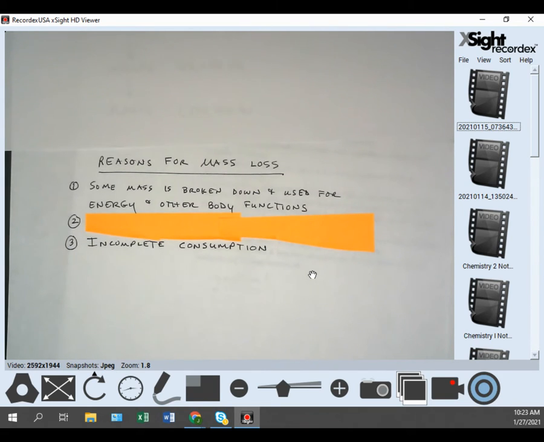We don't eat everything, so some of it doesn't get consumed. If you've got, say, a 20-pound turkey, you're not eating all 20 pounds of that. So that's another reason. Any guesses on the third?